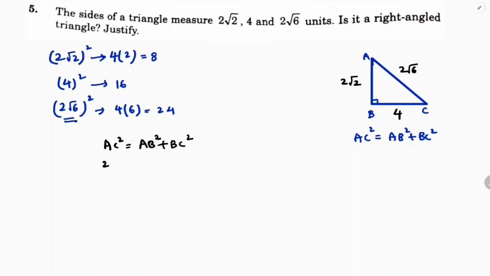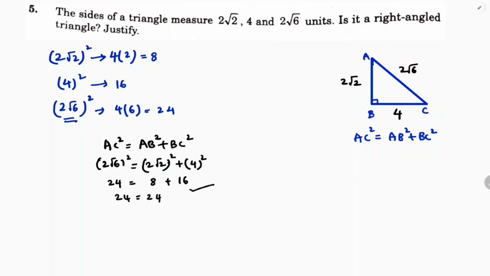So AC is 2 root 6 whole square, AB is 2 root 2 whole square, BC is 4 square. So 2 root 6 whole square is 24, this is 8 and this one is 16, already added. So 24 equals 24. It satisfies the right angle triangle.